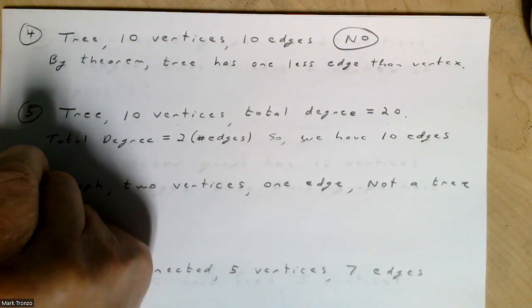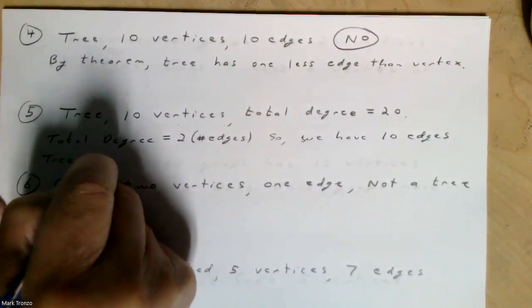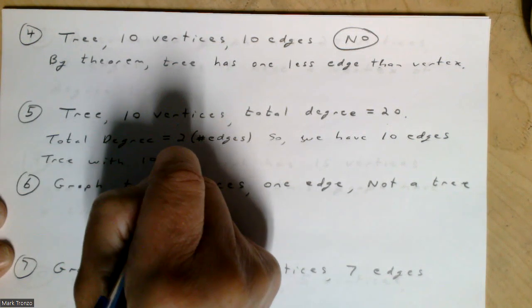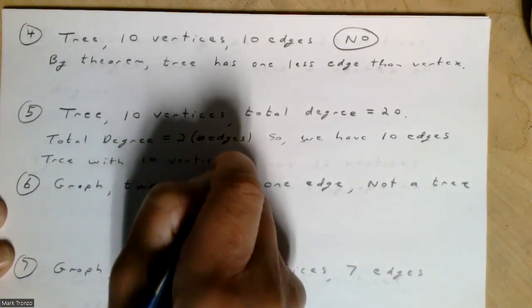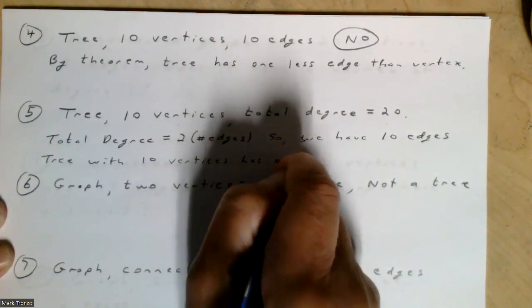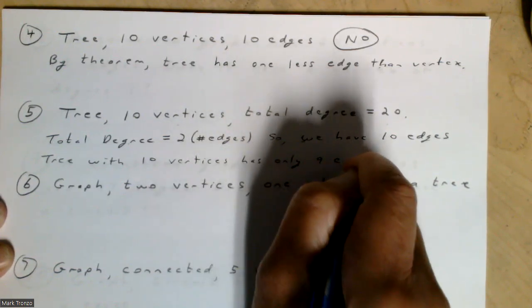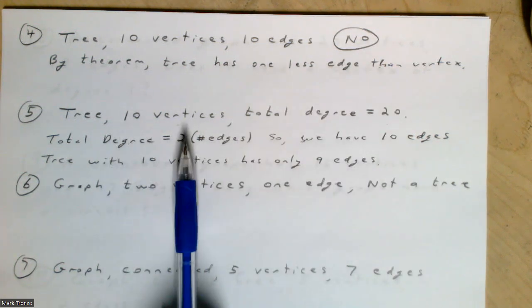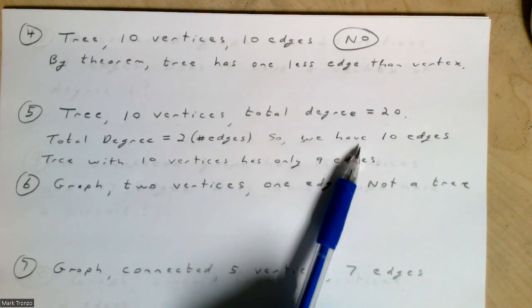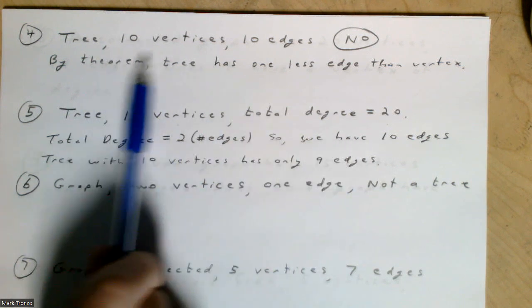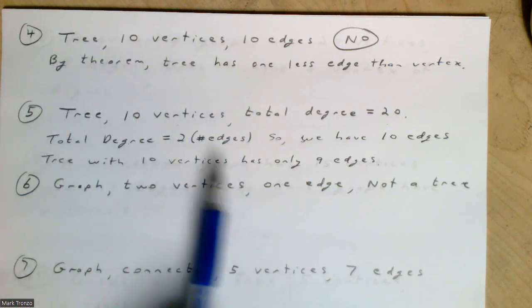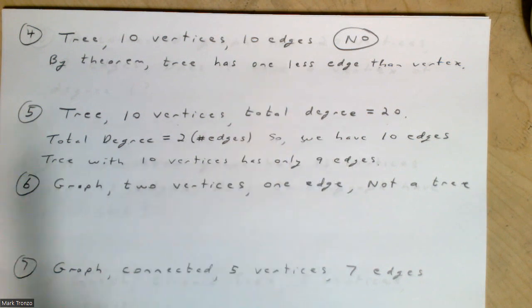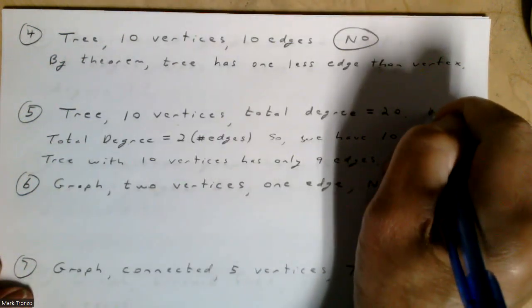So a tree with 10 vertices, much like the last problem, has only 9 edges. So once we established, using this little equation here, that we had 10 edges, then we really are using problem 4, which had 10 edges and 10 vertices, and make the same argument. So this one was no.